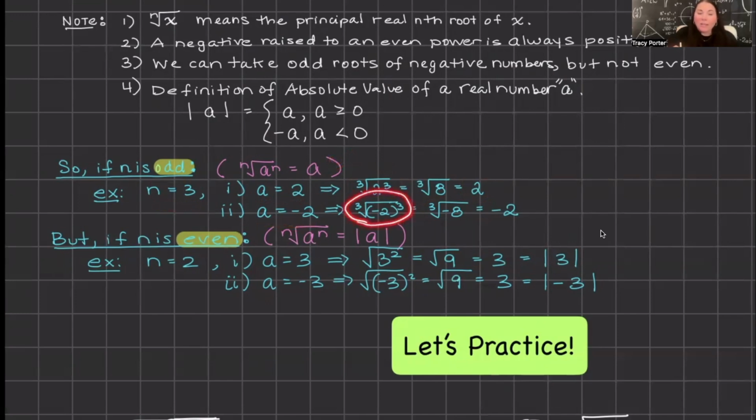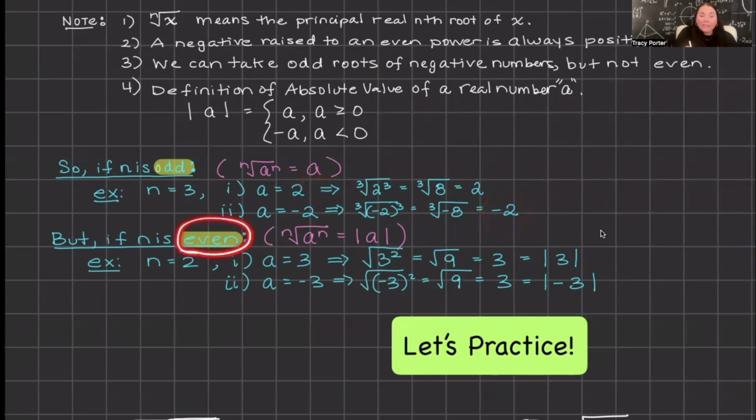So here you have negative 2 raised to the third power, so you have the cube root of negative 8. But we can take the cube root of negative 8, because if you take negative 2 and multiply it times itself 3 times, you can get back to a negative number, because it's an odd number of times. So once again, this gives you back the value that we chose for a in the beginning.